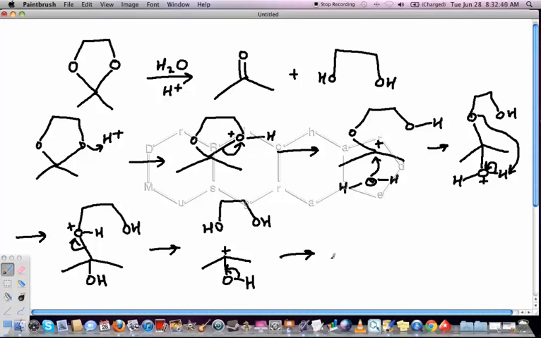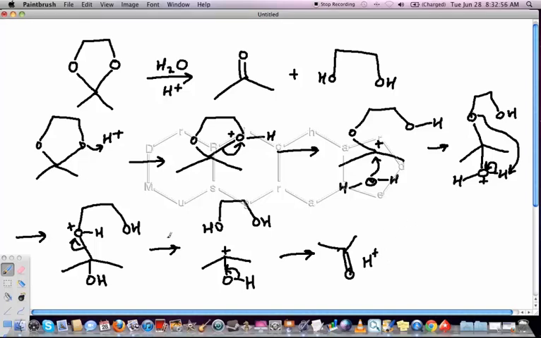And that's going to allow us to form our ketone. Alright, so that can be done.